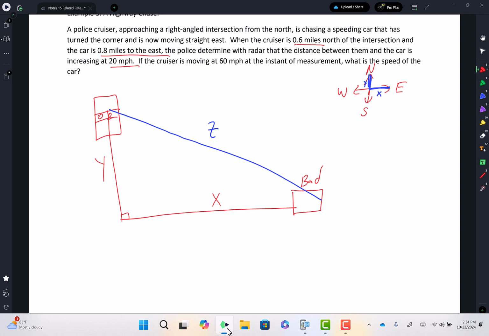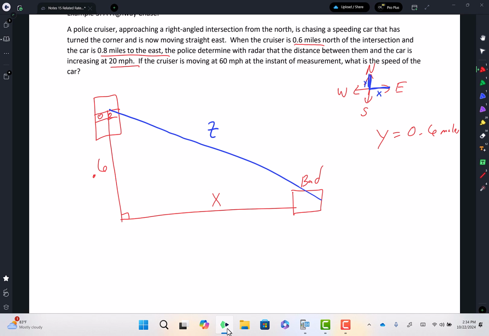What do we know? The police cruiser is 0.6 miles north of the intersection. So Y equals 0.6. Okay, timeout. Do not do this, guys. I mean, maybe it's okay, depending on who you get. If you put 0.6 here like that, that means that it's always 0.6, no matter the time.